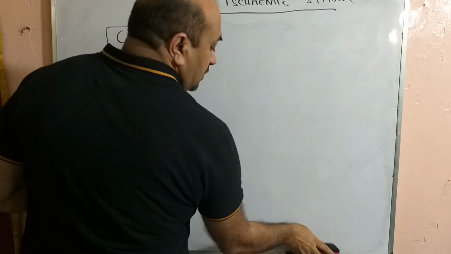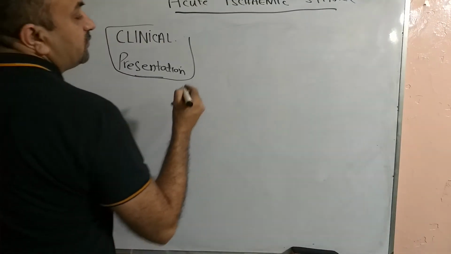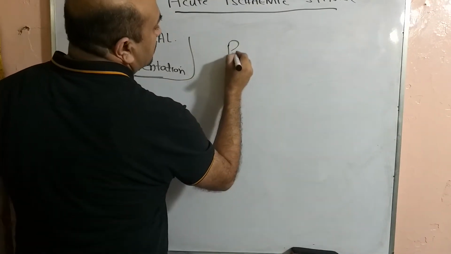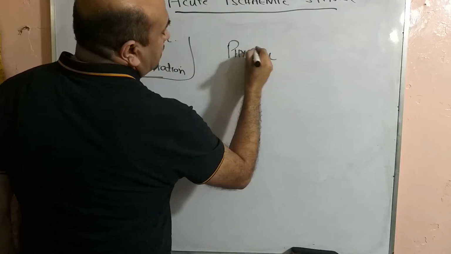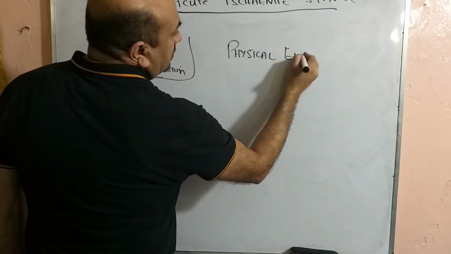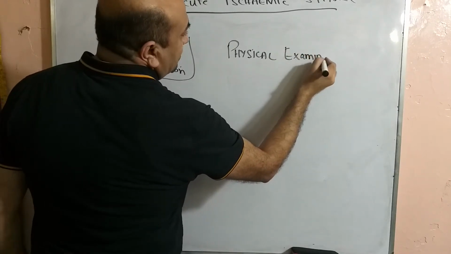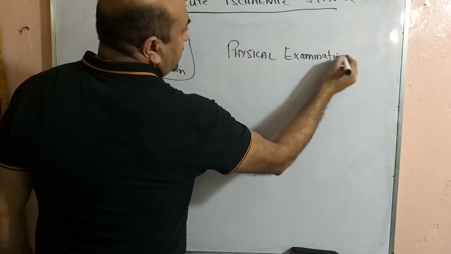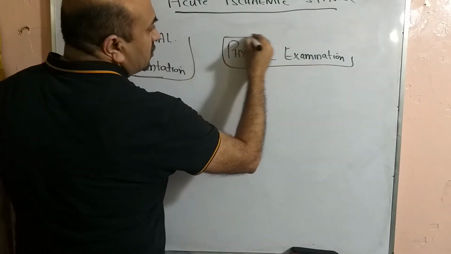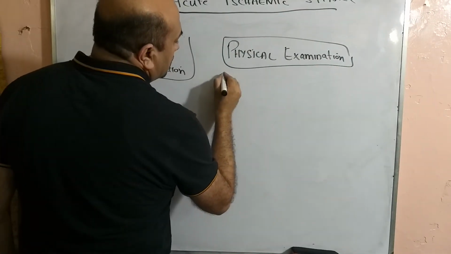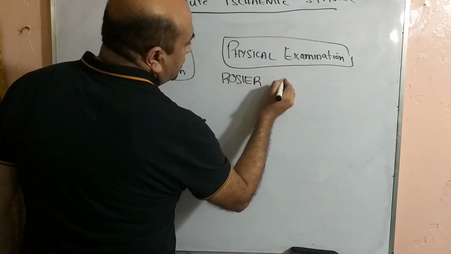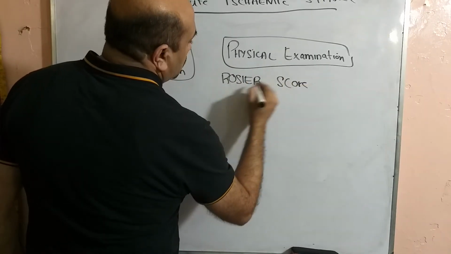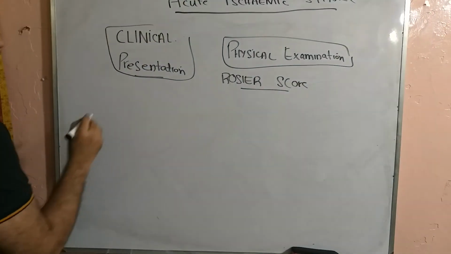But let's see what we see in the physical examination. Rosier score. So how is it scored?